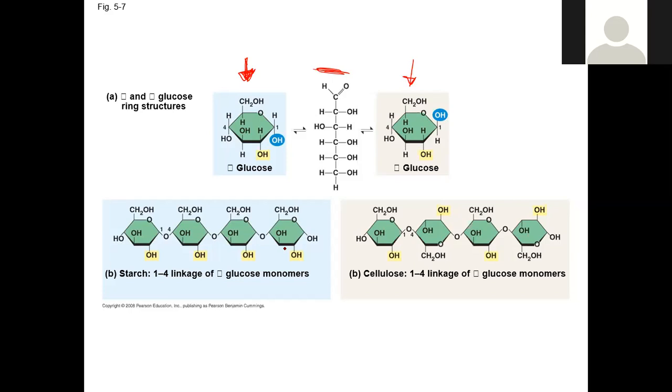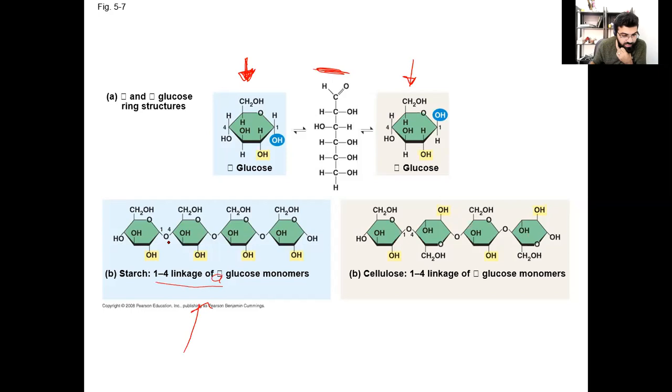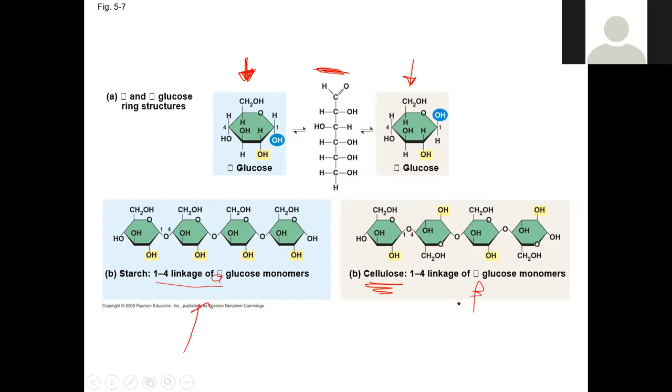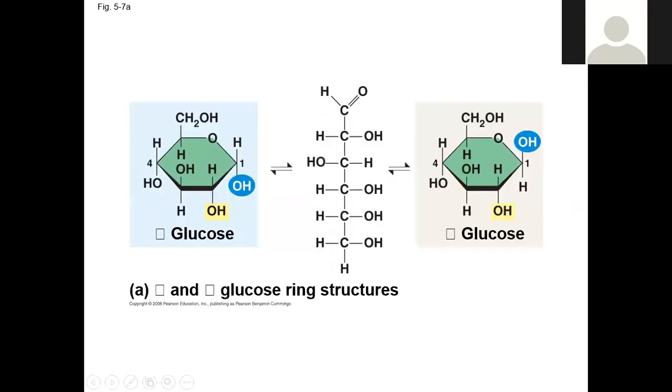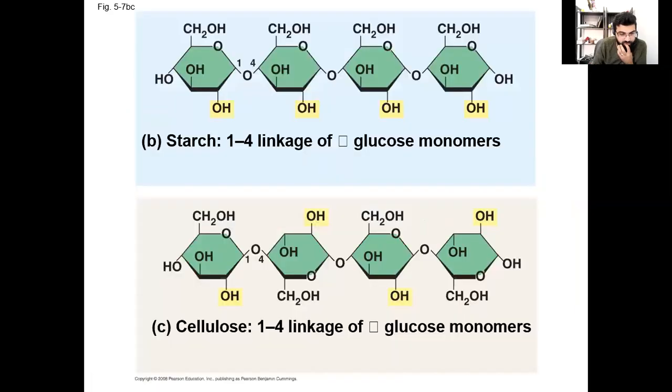Alpha. So alpha 1 to 4 linkage of alpha glucose monomers, right? You can see how alpha units link together. While in cellulose, it's a 1 to 4 linkage of beta. Excellent. Okay, is this clear?